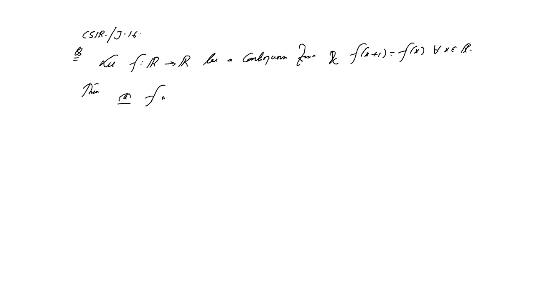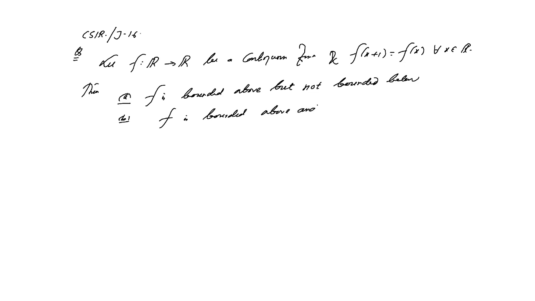Option A, f is bounded above but not bounded below. Option B, f is bounded above and below and f attains its bound.